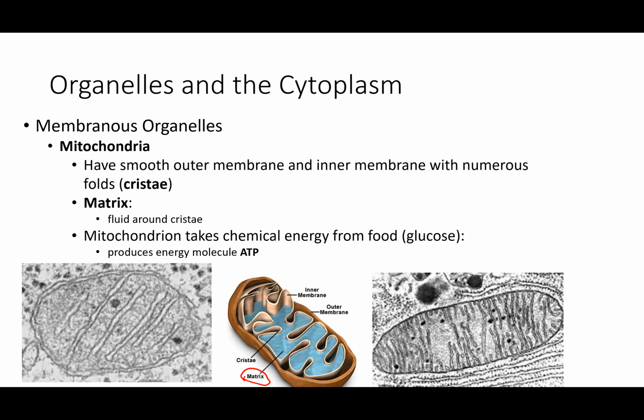All of that requires energy in the form of ATP, and you get that ATP from the mitochondria. So we will talk about cellular respiration in a couple chapters, and this is specifically about how ATP is made in the mitochondria. So we will spend more time on this later.